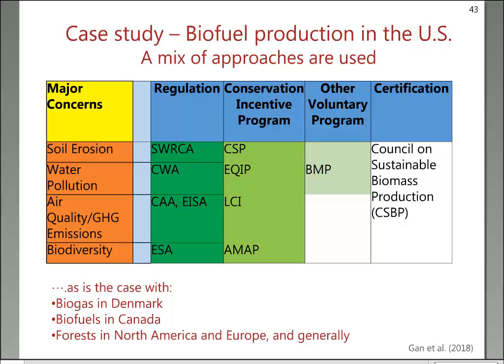And again, in forestry, now I've been talking about legislation, but you could see for Canada, also certification systems are in place and best management practices. We see the same mix of approaches being used also here for agriculture in the U.S. There are regulations in place, conservation incentive programs, so not mandatory inflexible requirements, but more incentives and voluntary.